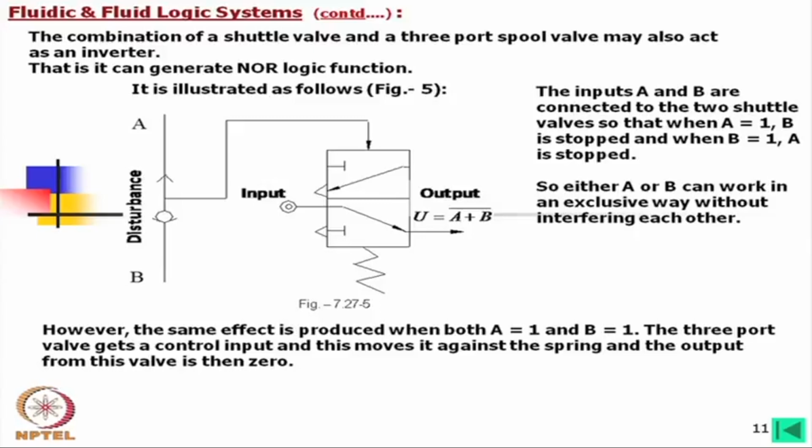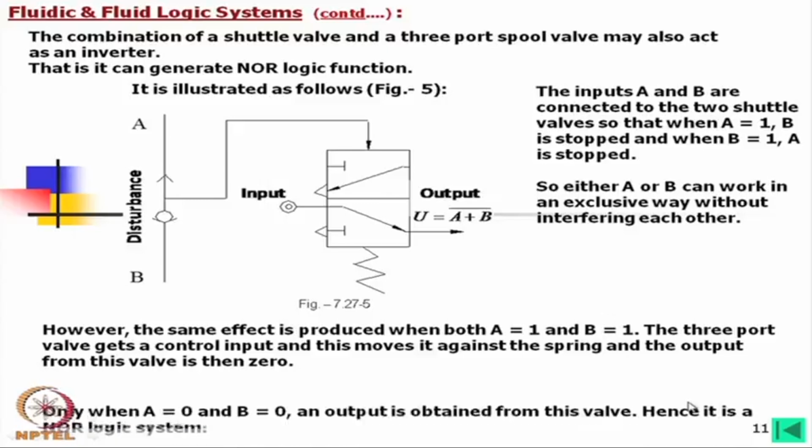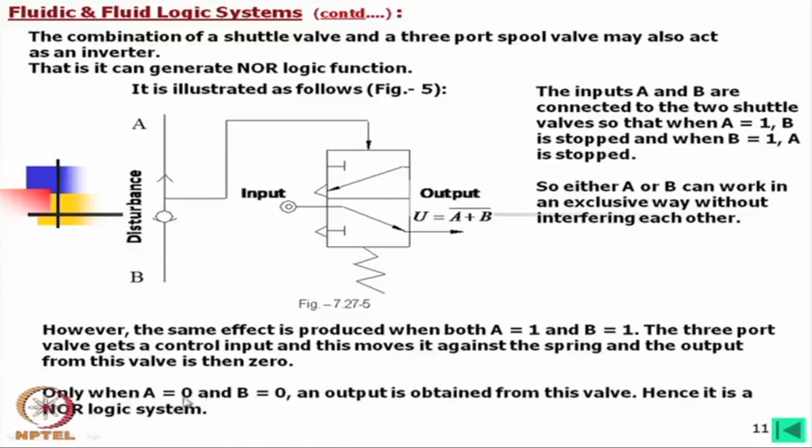If it would follow the general algebra, we could have remembered easily, but as you see this function is something different, we need practice. Only when A is equal to 0 and B is equal to 0, output is obtained from this valve, hence it is a NOR logic system.